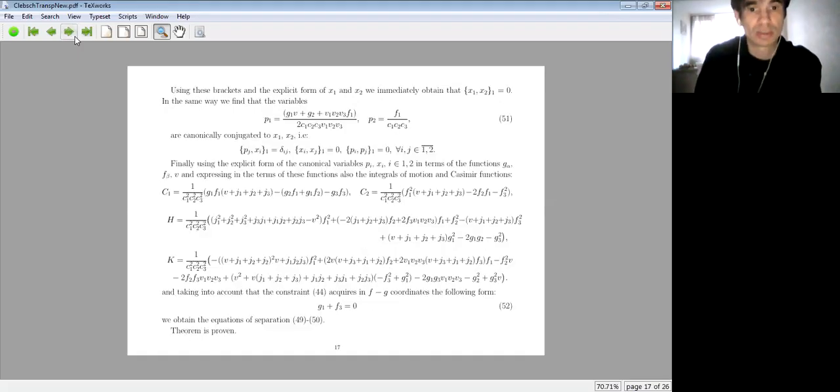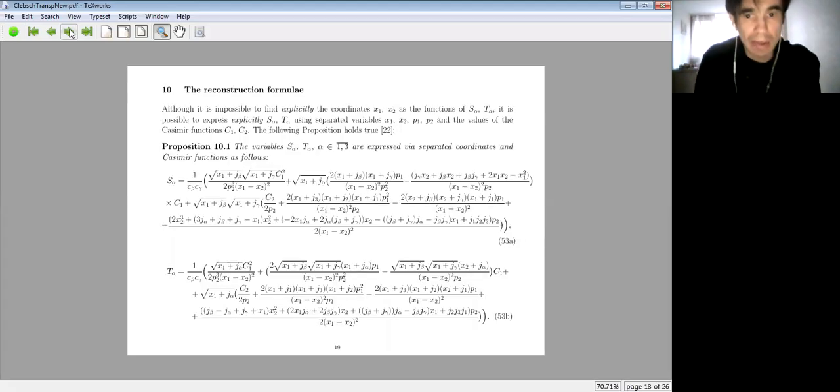So this is basically how one can prove this theorem directly, or one can prove the theorem using the two methods I have introduced above. Here we have to say a couple of words about the so-called reconstruction formula. What is the reconstruction formula?